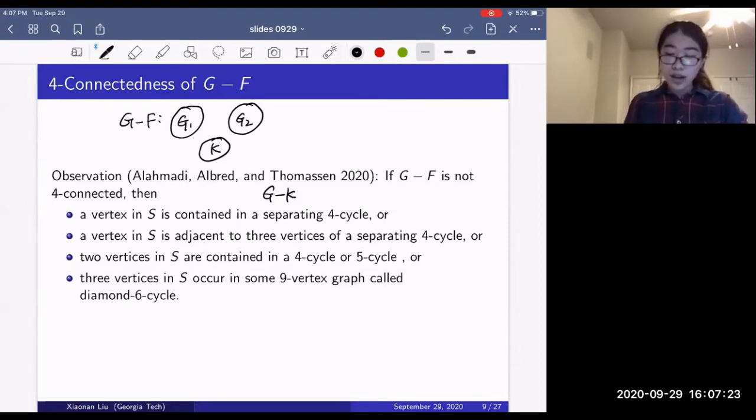Then there are some edges between these two components, and because it's a triangulation, these two vertices have exactly two common neighbors, and these two common neighbors must be contained in K. If it's not a cut edge, then, let me see.